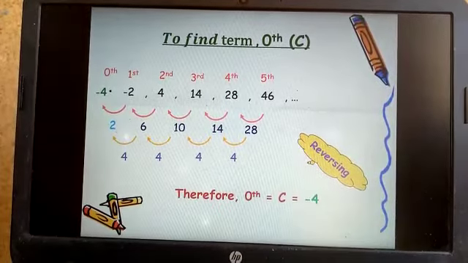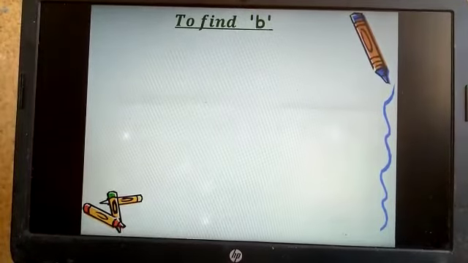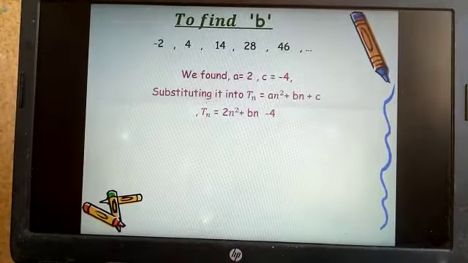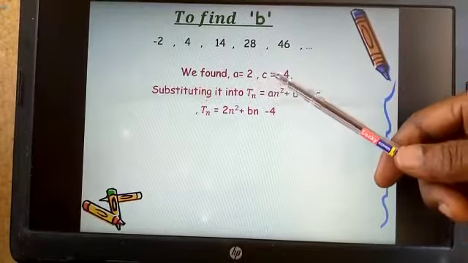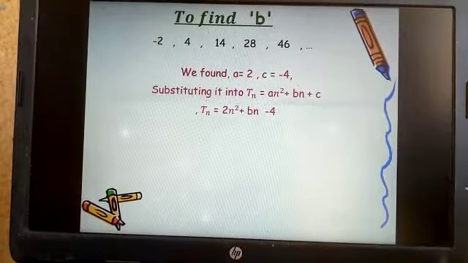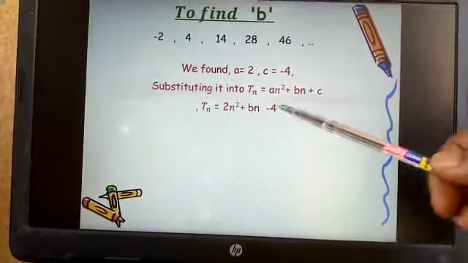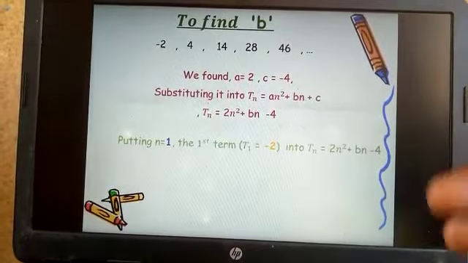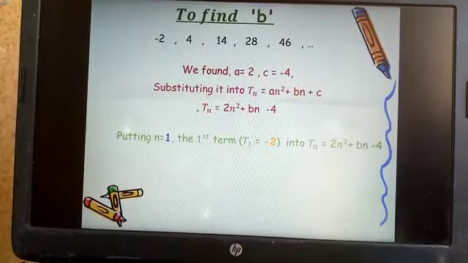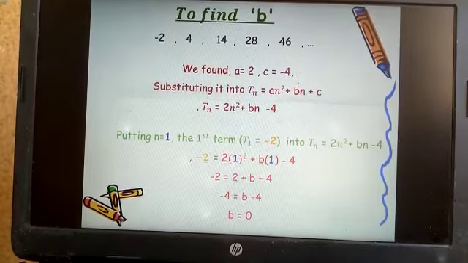Now, we found our C. We need to find our B. How do you find your B? You found your A to be 2, your C to be -4. So you substitute these constants into the formula. Now, using the first term, my first term is -2 and n equals 1.